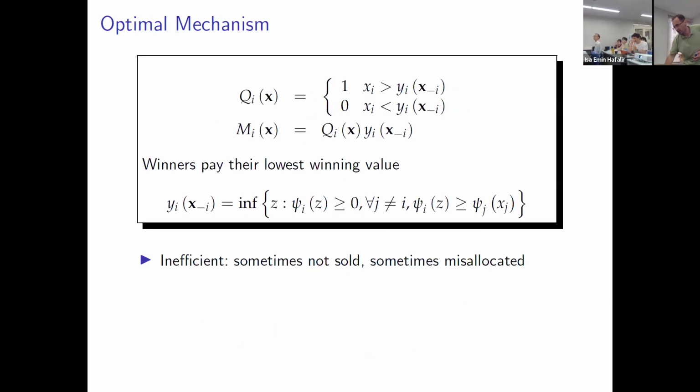So for the general case, since I allow the bidders to be asymmetric, bidder 1 and bidder 2 may have different value distributions and therefore may have different virtual value functions. Therefore sometimes bidder 1 will have a higher value but a lower virtual value, and therefore bidder 2 will be allocated the item.